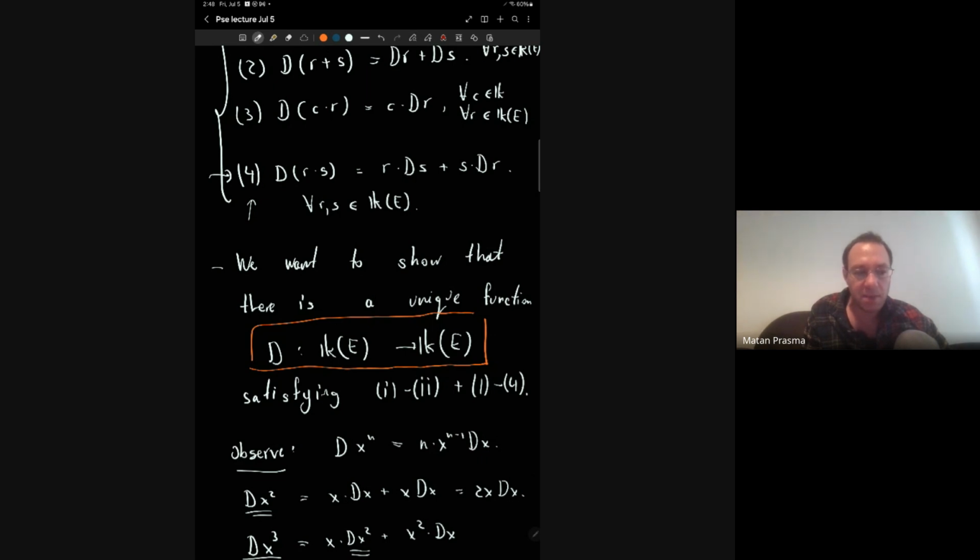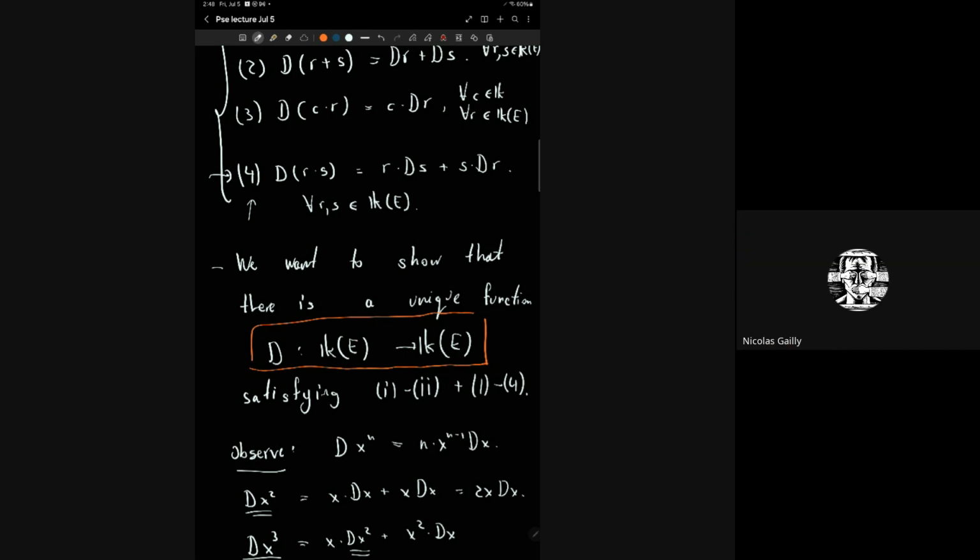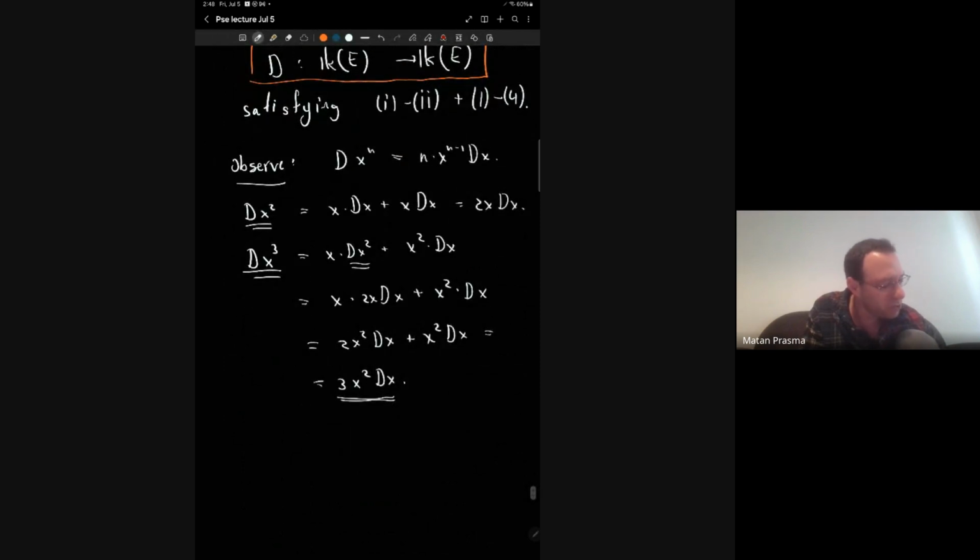Now I want to do d of x^n y^k. How do I do it? By rule number 4, this needs to be x^n times d of y^k plus y^k times d of x^n.